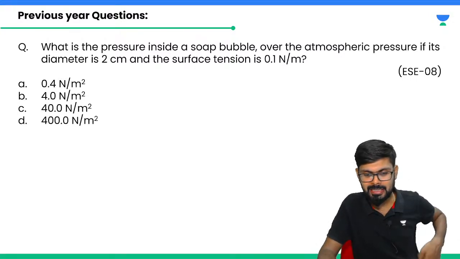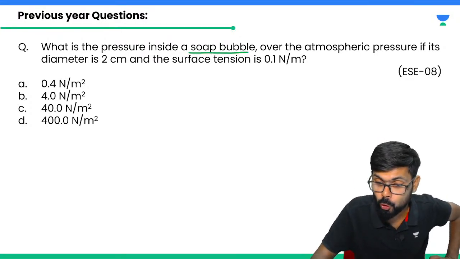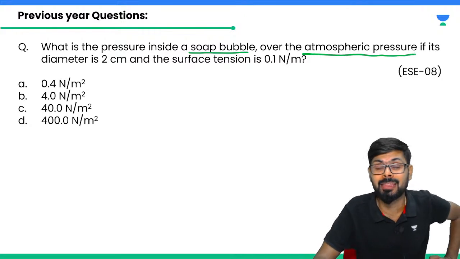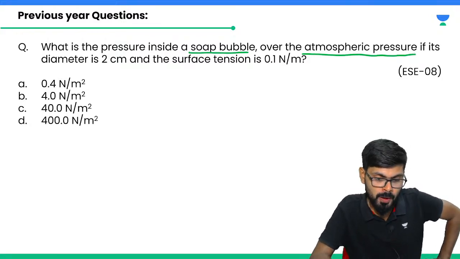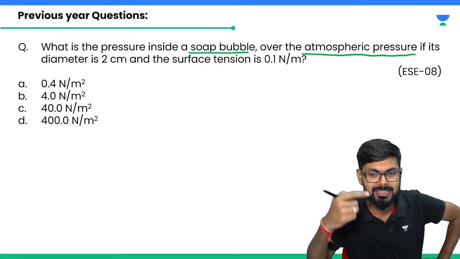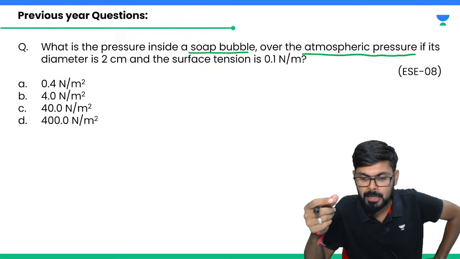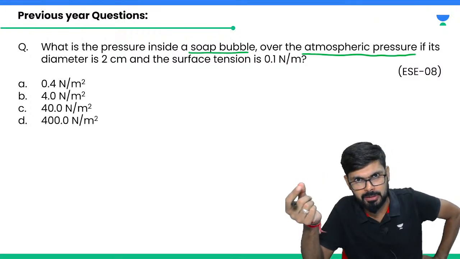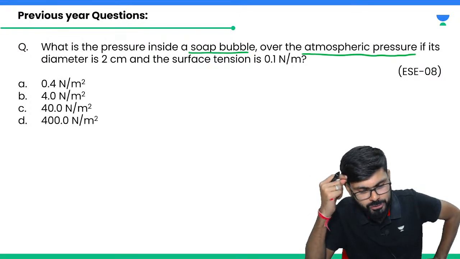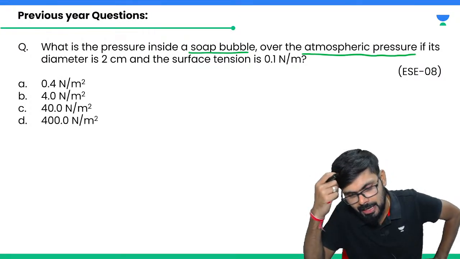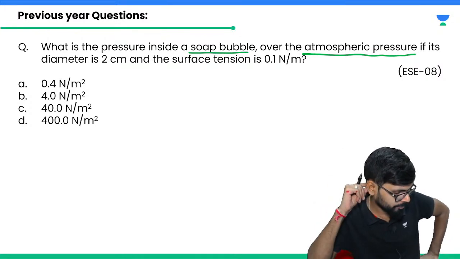What is the pressure inside a soap bubble over atmospheric pressure? It means it is asking for the excess pressure. If its diameter is 2 centimeter and the surface tension is also given.